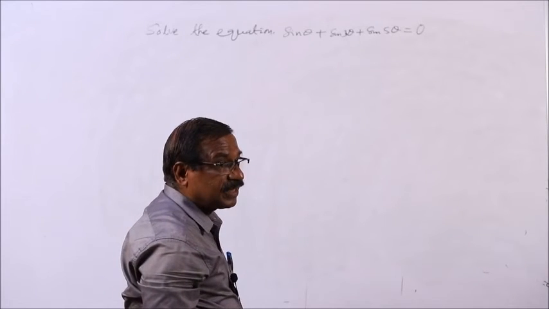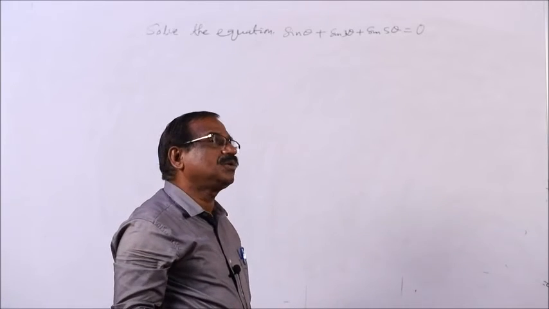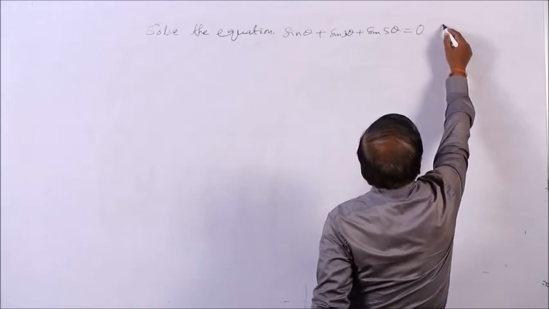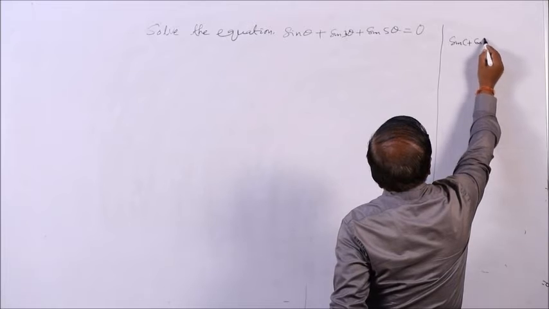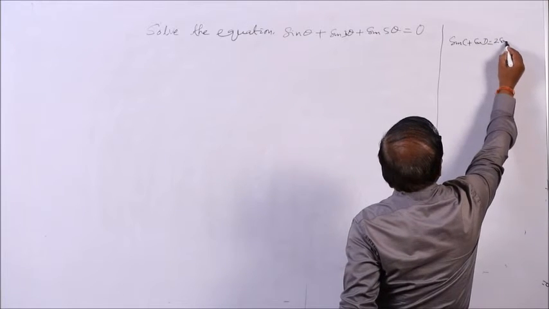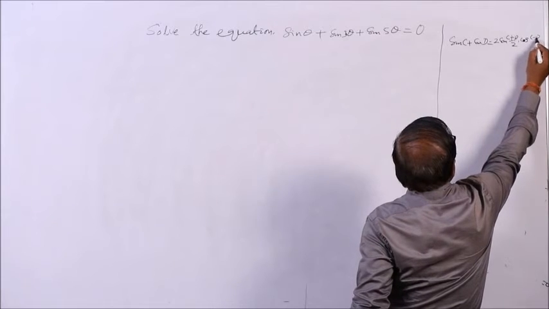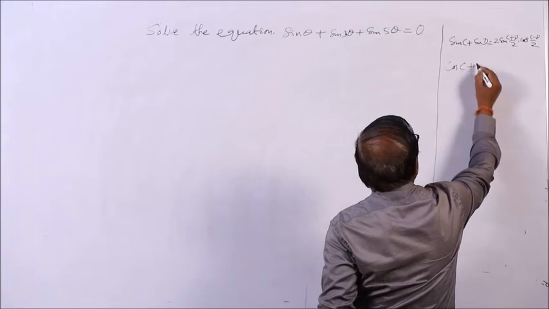Here there are 3 terms. When we are solving problems of trigonometric equations, we always try to apply formulas, because trigonometry is always best with formula. I have told you in the previous class, these 2 formulas are most important.